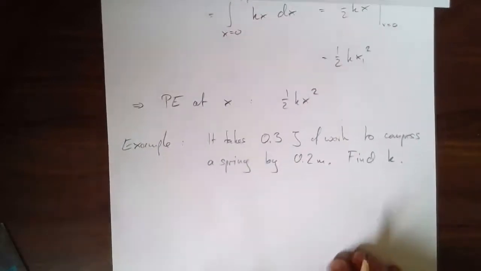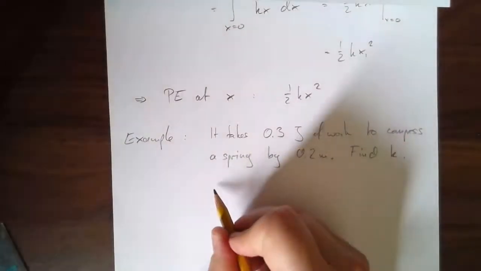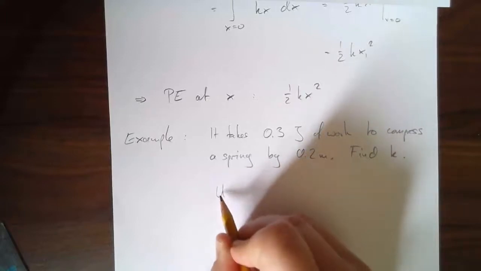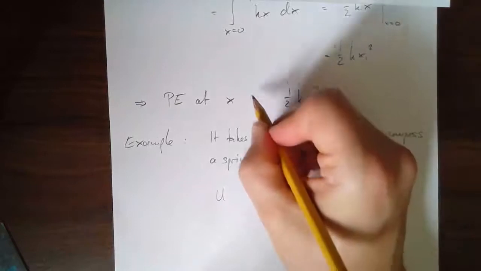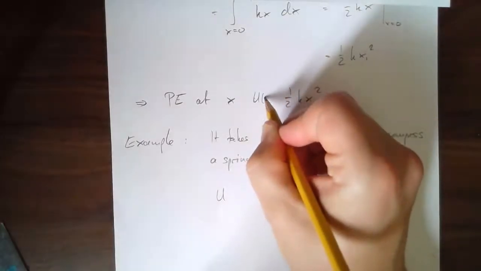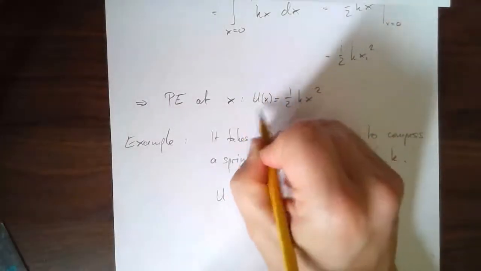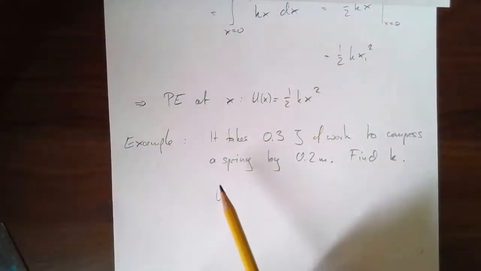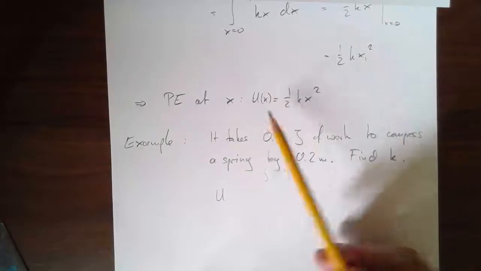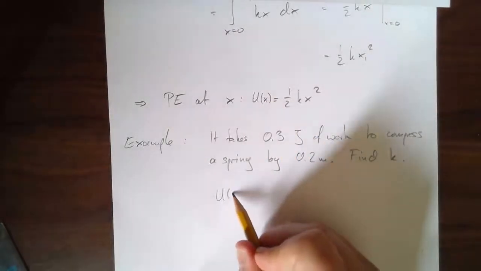Well, I just have to say that the potential energy U, now U is a symbol often used for the potential energy, in general, not just potential, maybe you've met it in some other physics applications before. U for potential energy.